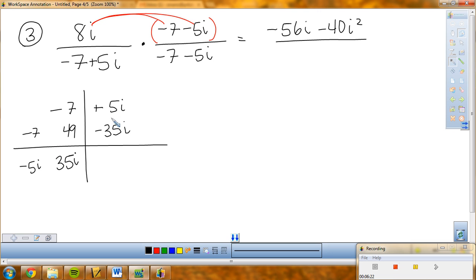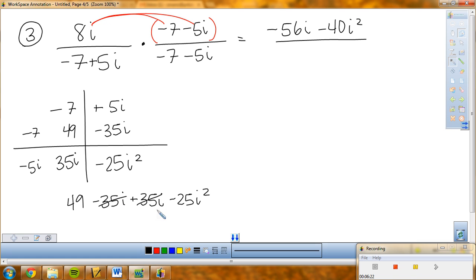A negative times a positive gives me negative 25i squared. So now I have 49 minus 35i plus 35i minus 25i squared.